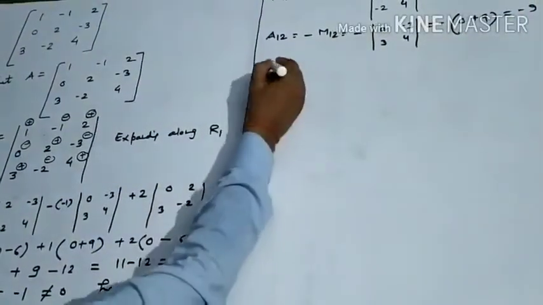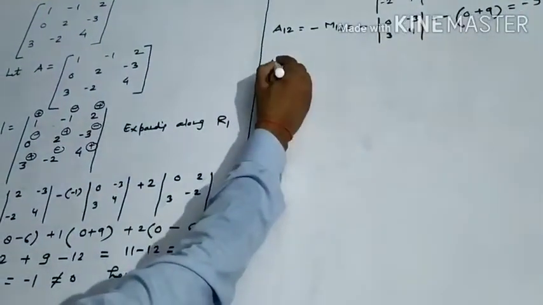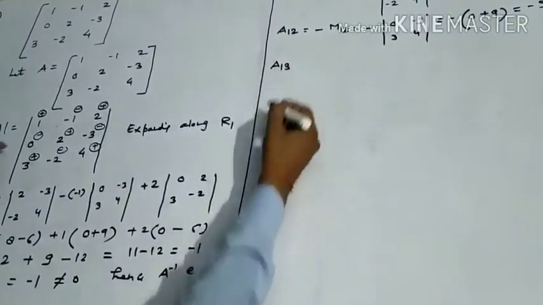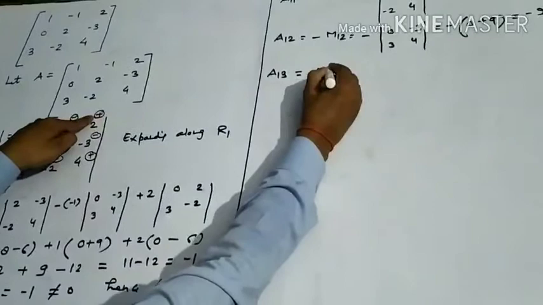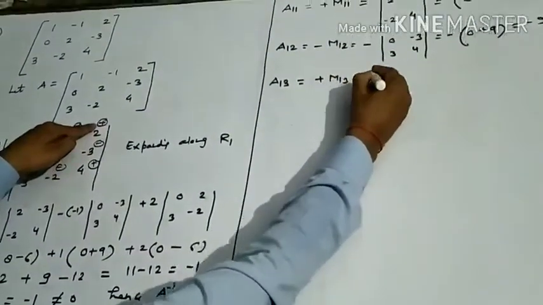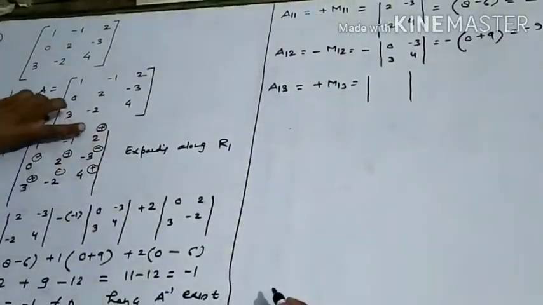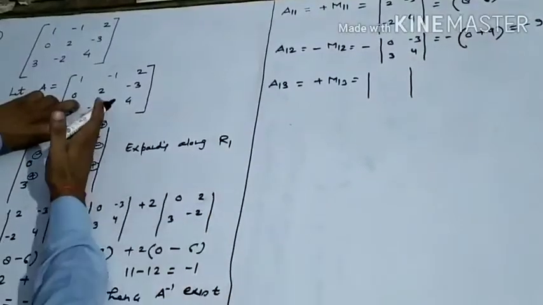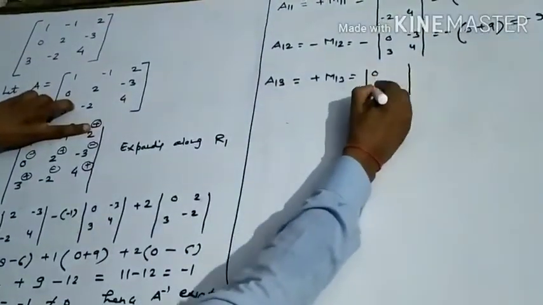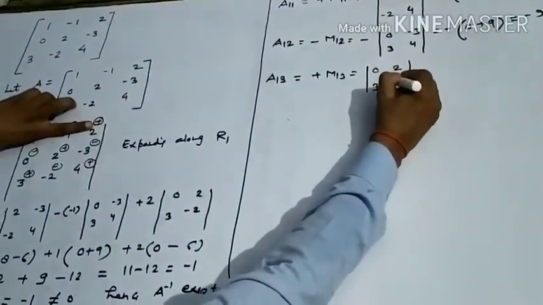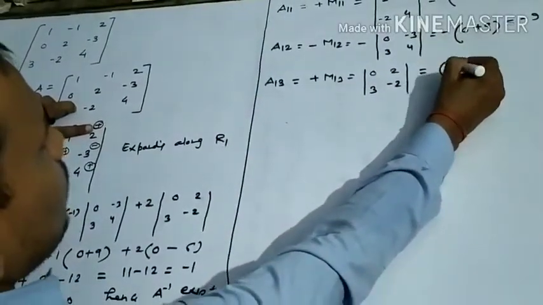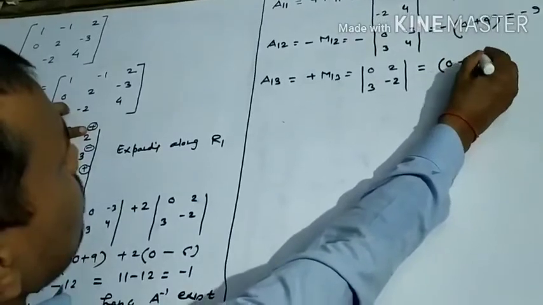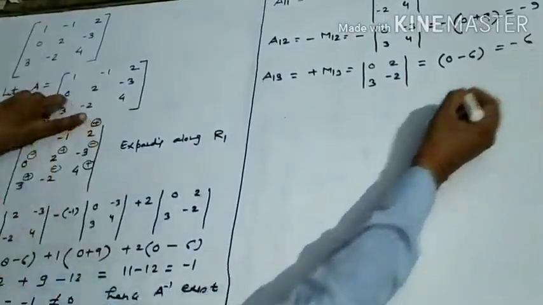Now the cofactor of the element of the first row and third column, A13, obtains the plus sign, and then M13. This is equal to the subdeterminant after leaving the first row and third column. So this is 0, 3, 2, minus 2, which is equal to 0 minus 6, or minus 6.